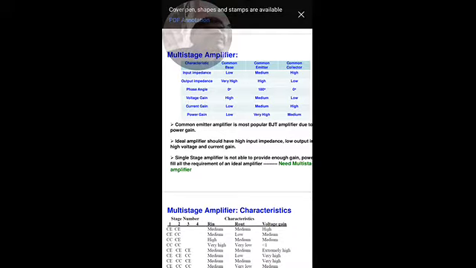So whenever we need a phase shift of 180 degrees, we are going to use a common emitter amplifier. But when the application requires no phase shift between input and output, we are going to use common base or common collector configuration.